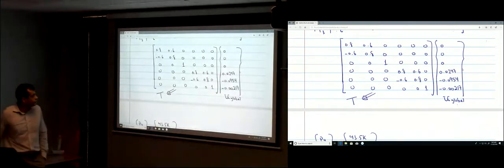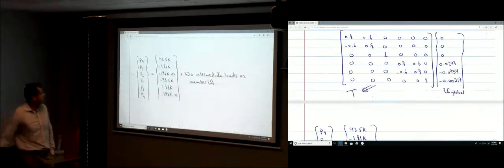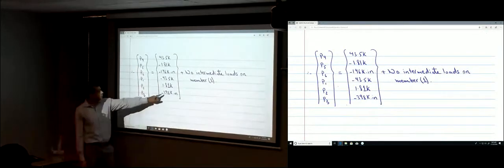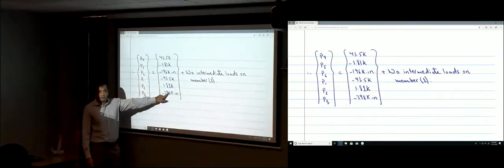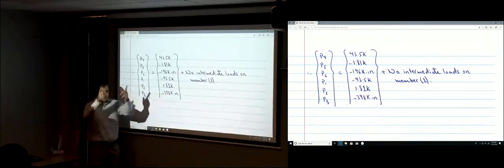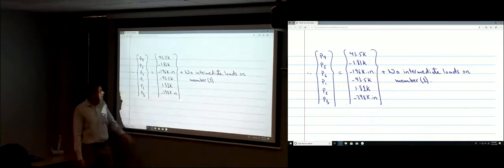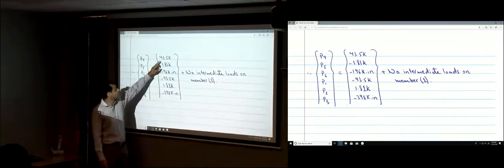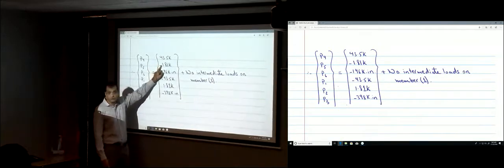Just solving this, you get the internal forces here. As you see, the moment is the same at point B as we did for the first member. It's just a negative sign because they're equal and opposite in direction. But the normal force and the shear are not the same. Those are the normal and the shear force.